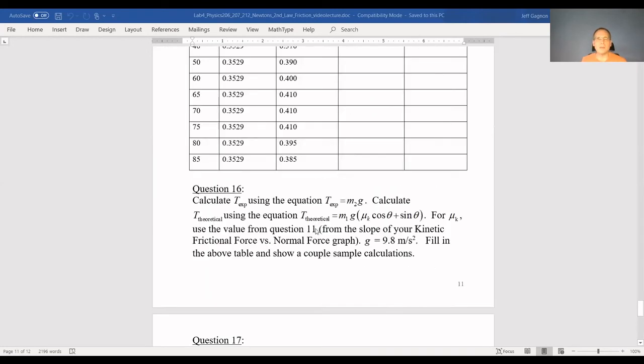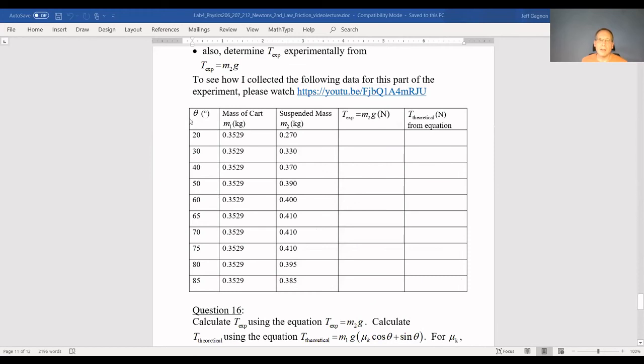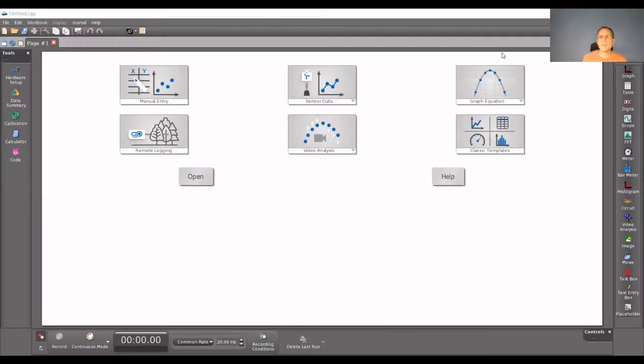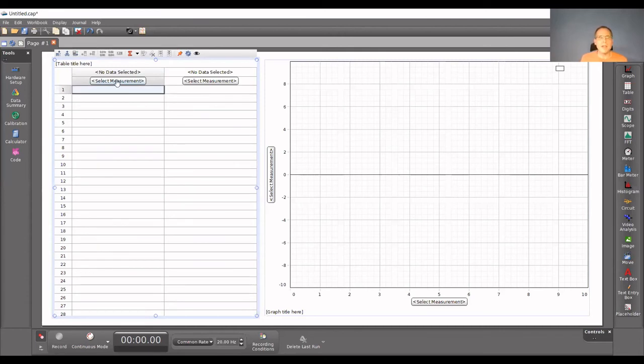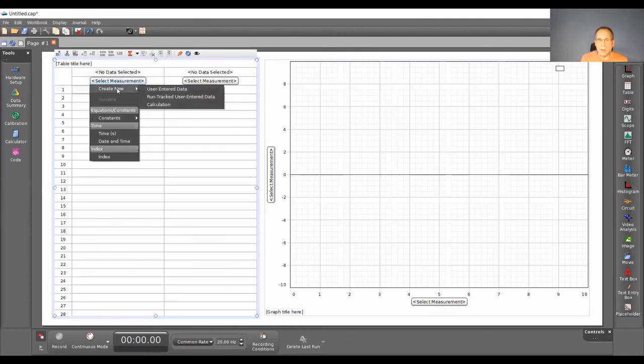So actually, let me show you this. So you're going to plot angle on the X, tension, experimental on the Y. Okay, so let's go. The usual, right, you choose classic templates, and then this upper left-hand one. For the x-axis, remember that's going to be angle for both when we plot the theoretical tension and the experimental tension.